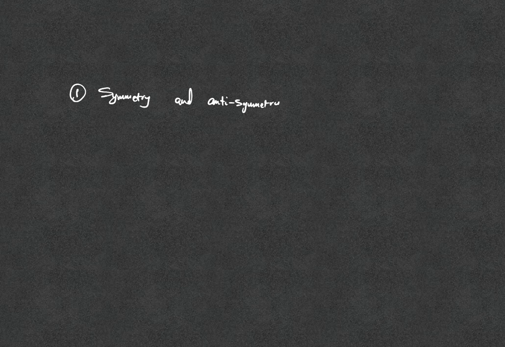Now, a critical question is what kind of properties of the decoder functions is actually important for us? The first thing that we want to discuss is symmetry and anti-symmetry. Symmetric means that if this edge exists, we can also deduce that the other way around exists.